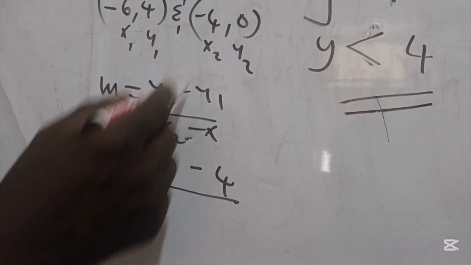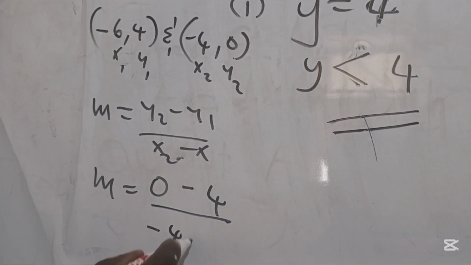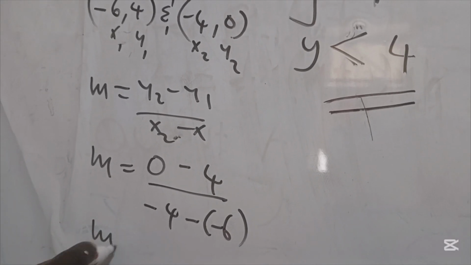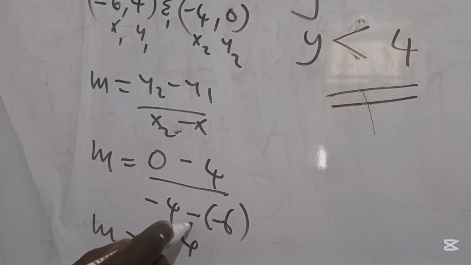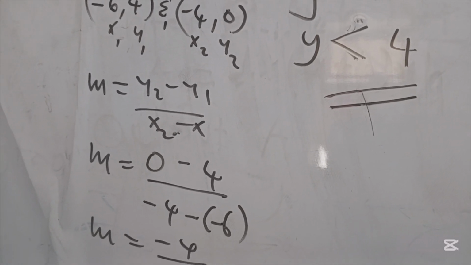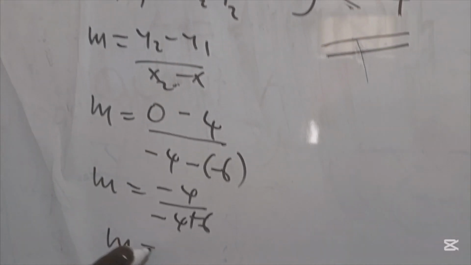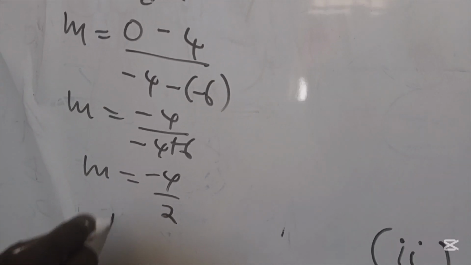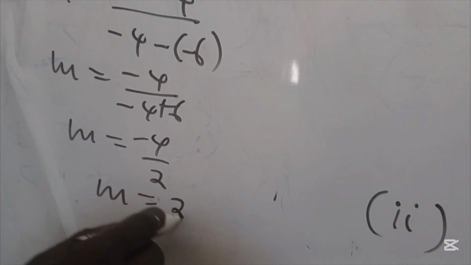Then here, x2 is negative 4 minus, again minus, x1. You agree with me that this is negative 4 on top. Then at the bottom I have negative 4 plus 6. You are going to agree with me that this is the same as negative 4 divided by 2. So the answer m is equal to negative 2.